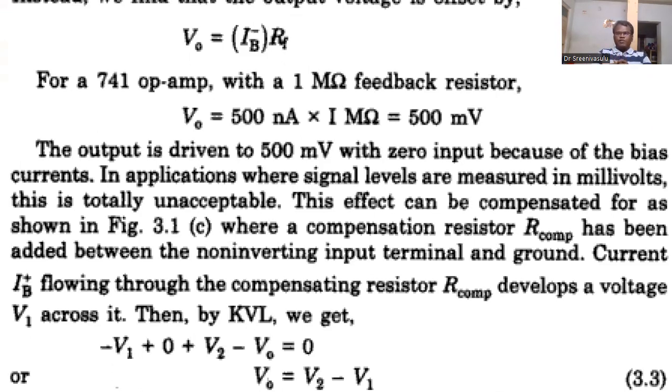We are not applying any input signal, but the output is present at 500 millivolts. It is because of input bias currents. In applications where signal levels are measured in millivolts, suppose we use this op-amp in different fields, with many varieties of applications, and the output is also in the order of millivolts, it gives a false result.